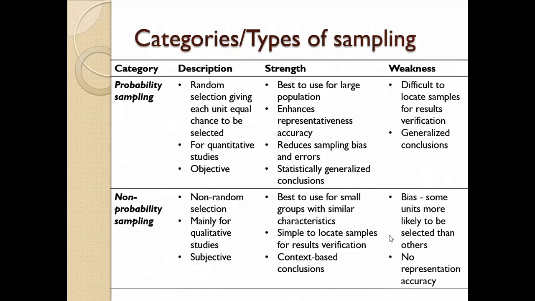The weakness here is that it may be difficult to locate samples for results verification or confirmation, for instance, since the population is large, the sample is large, and sometimes when you're doing a survey, you have limited contact because you're not interacting with the sample.